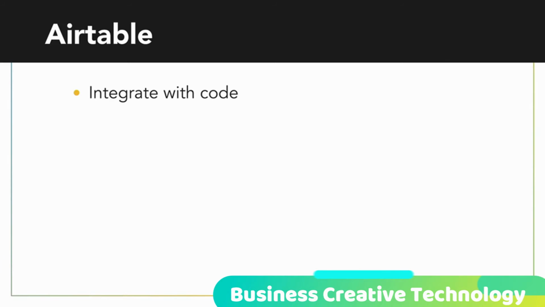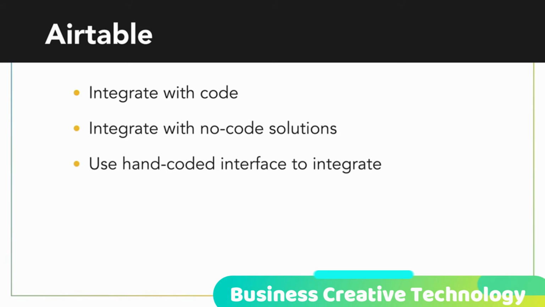In terms of an interface for Airtable, there are several possibilities for creating this. Airtable offers a robust API, meaning it can integrate with code and with no-code solutions in many different ways. You could then use a hand-coded interface to integrate with Airtable, or you could use a no-code tool that will integrate with Airtable's API.